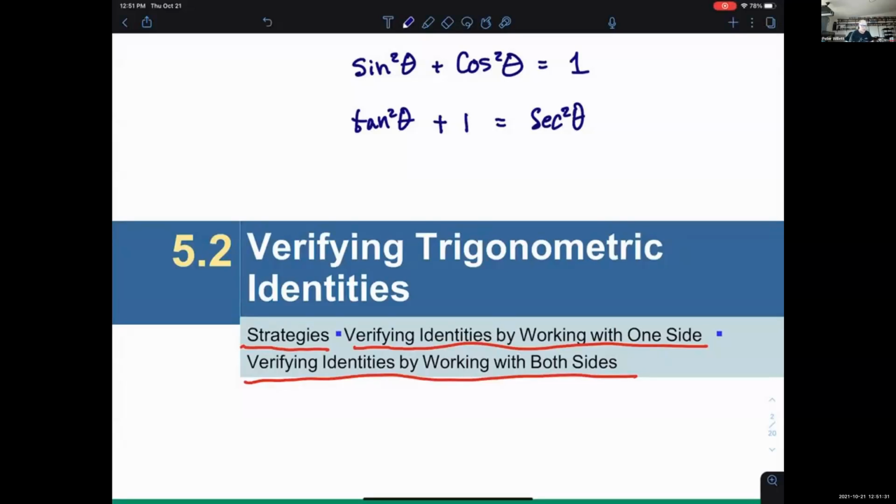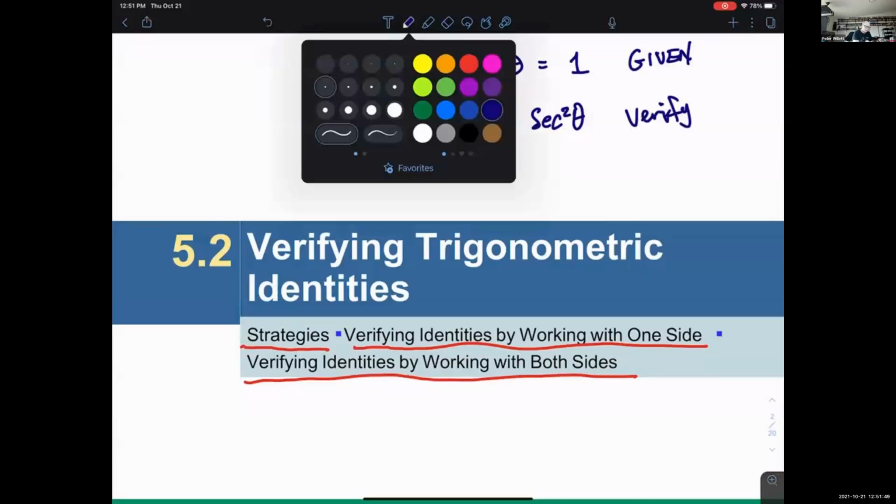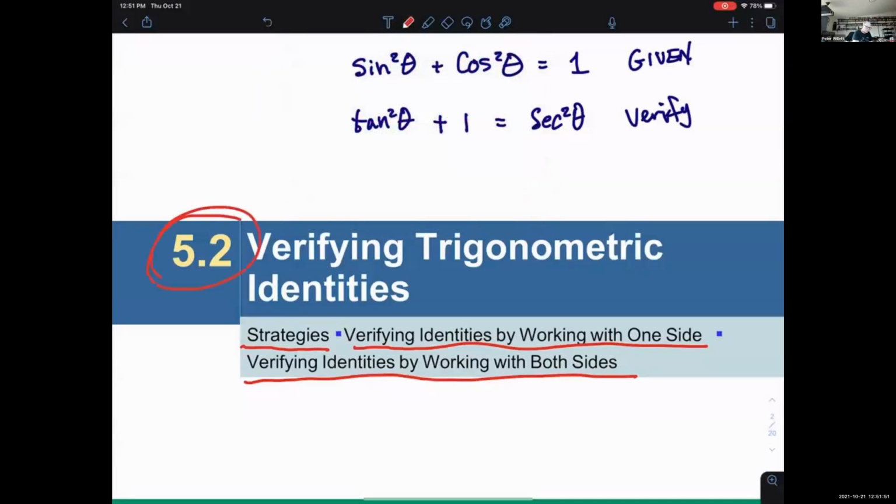But let's say we were given the first one and we were asked to verify the second one. This is the kind of thing that we're talking about doing in 5.2.